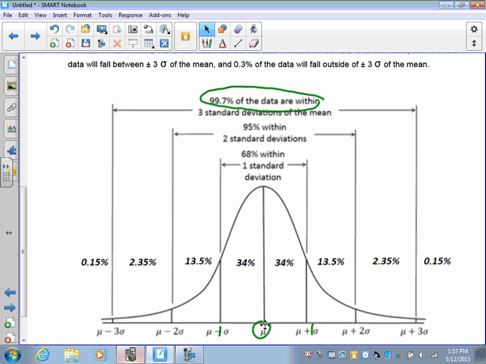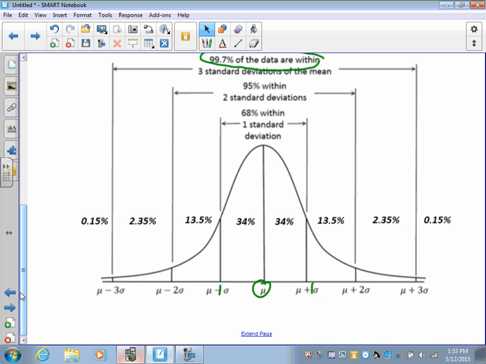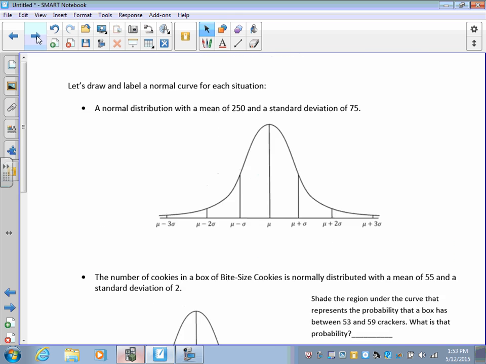Now, here's a few examples where we're going to use this information. We have a normal distribution with a mean of 250 and a standard deviation of 75. So the first thing I'm going to do is put 250 for my mean. Well, my standard deviation is 75, so I'm going to go to the right and I'm going to add 75, which is going to give me 325.